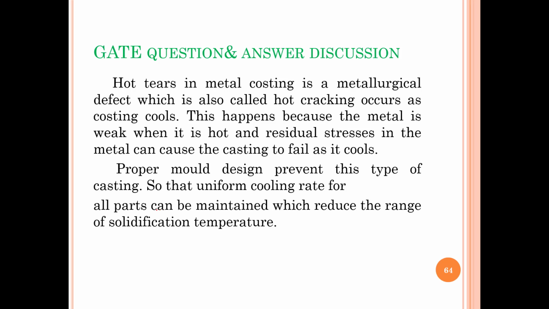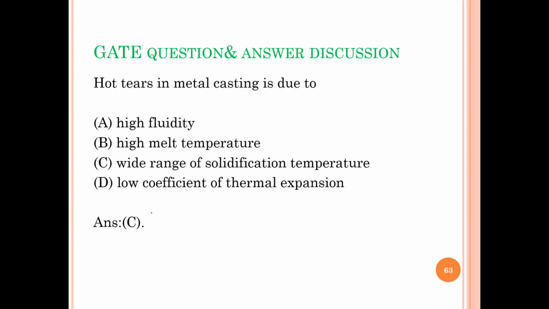This happens because the metal is weak when it is hot and residual stress in the metal can cause the casting to fail as it cools. Proper mold design prevents this, so that a uniform cooling rate for all parts can be maintained, which reduces the range of solidification. So the answer is C, wide range of solidification temperature.